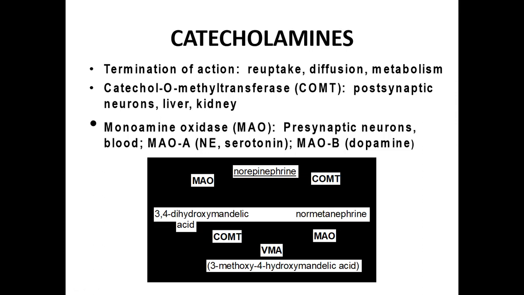Another enzyme is MAO, monoamine oxidase; MAO and catechol-O-methyltransferase are the two enzymes which metabolize the catecholamines. MAO is present in the presynaptic neurons. For monoamine oxidase A, the substrates are norepinephrine and serotonin. For MAO B, the neurotransmitter is dopamine.